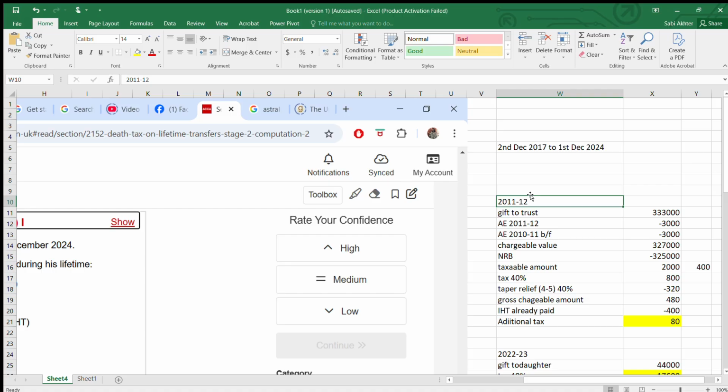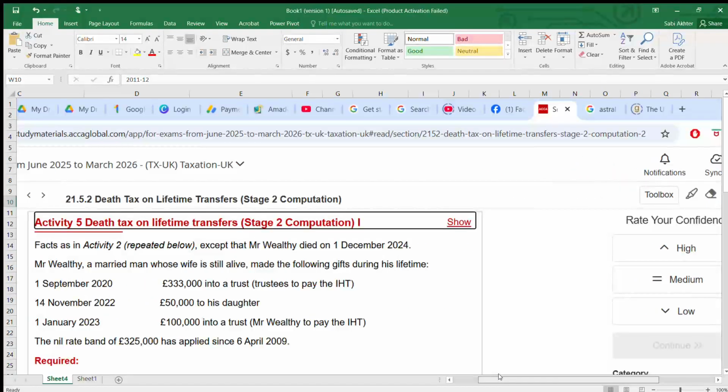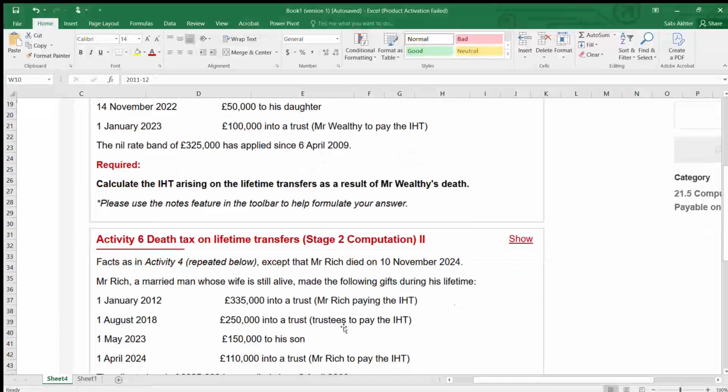Now we are directly going to the second gift, which was on 1st August 2018.